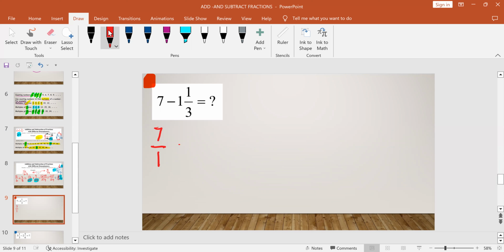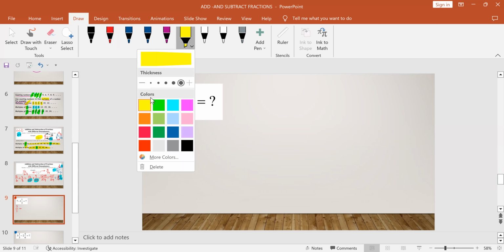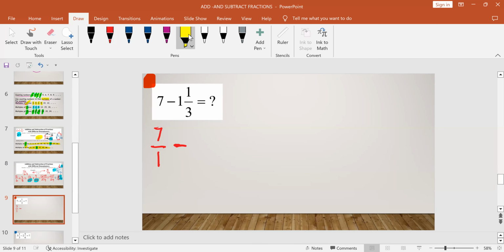Okay, minus, we have a mixed number which is 1 and 1/3. If you have a mixed number, it's possible to change it into an improper fraction. And yes, we're going to change it into an improper fraction to make the calculation easier. This is again another video, but let's just do this.